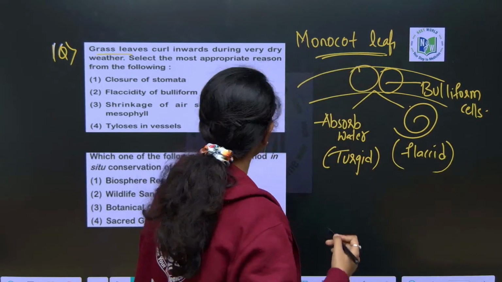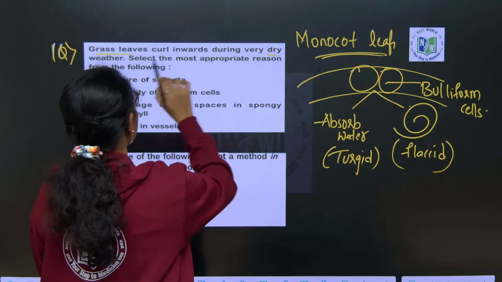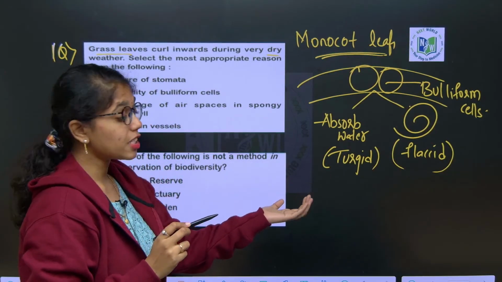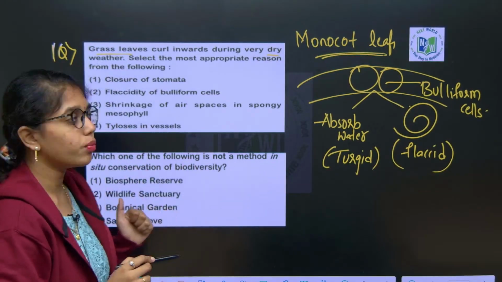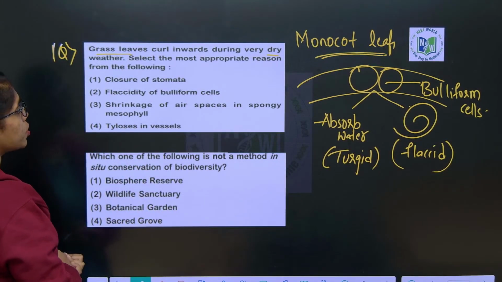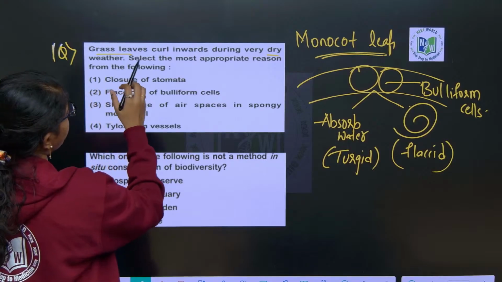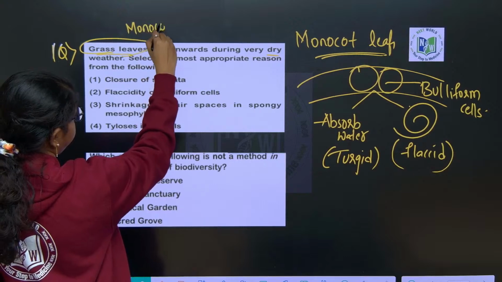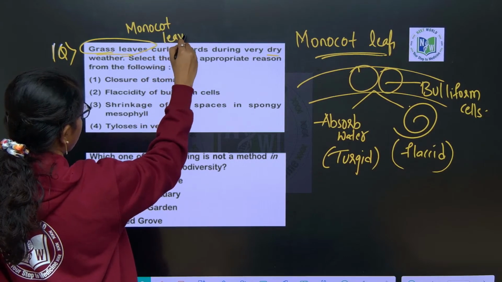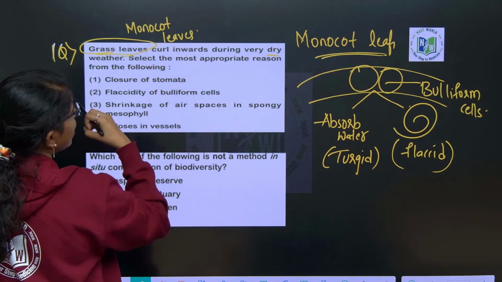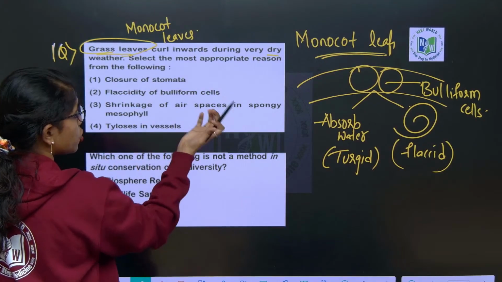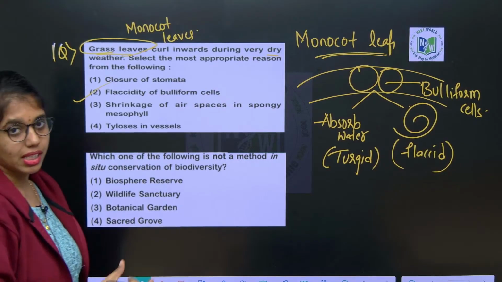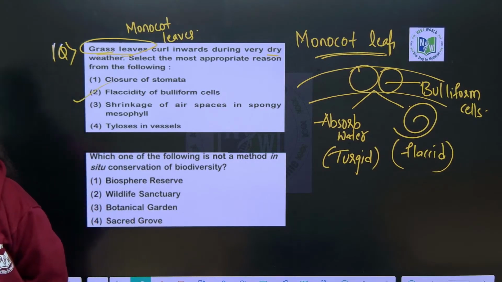In dry weather conditions, the flaccidity is shown by bulliform cells by curling the leaf inwards. Grass leaves are monocot leaves. So grass leaves respond to dry conditions by curling inwards, that is the flaccidity of bulliform cells.